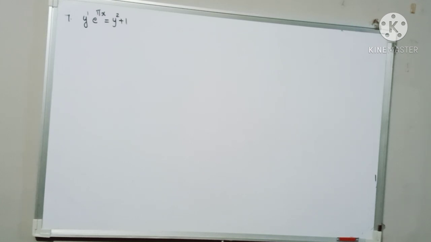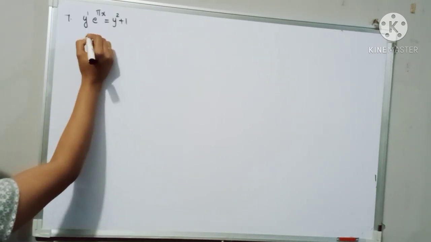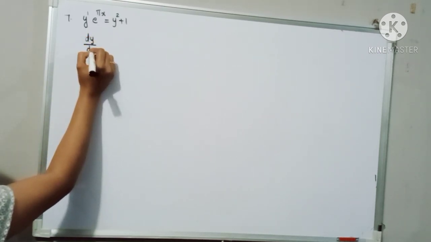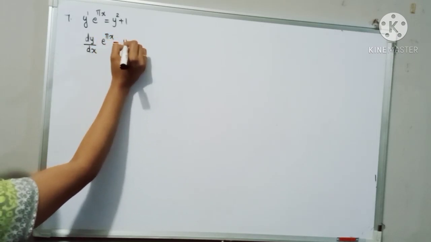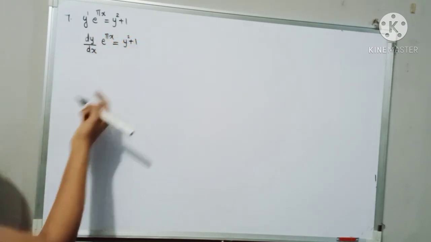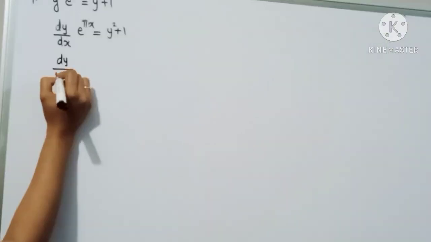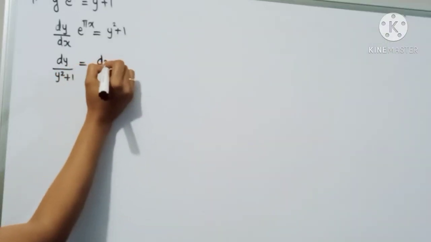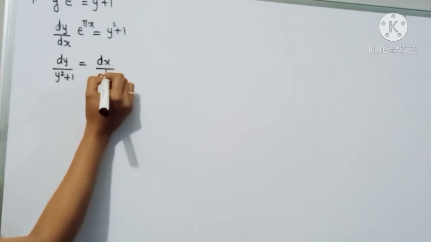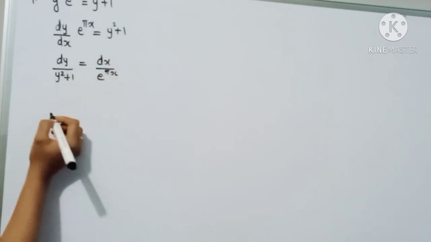y′ e^(πx) = y² + 1. y′ can be written as dy/dx, so (dy/dx) e^(πx) = y² + 1. We can separate x and y: dy/(y² + 1) = dx/e^(πx).